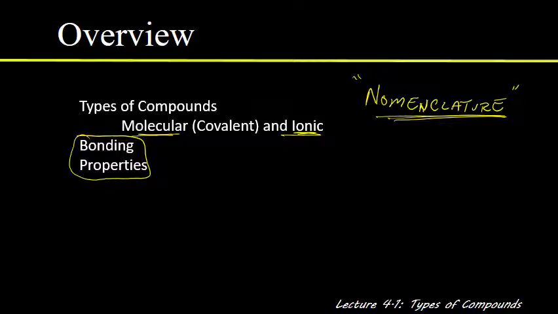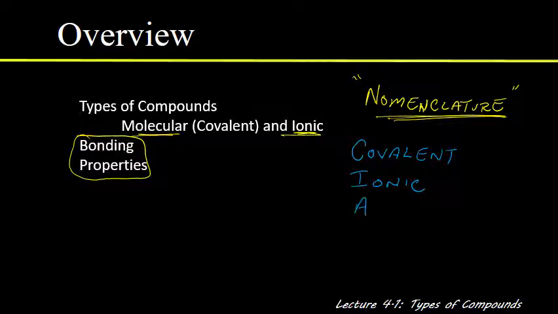And so while we're going to be looking at naming, almost a more important part of this is understanding the bonding schemes and the different kinds of properties of different compounds. We're going to look at covalent and ionic compounds in here.